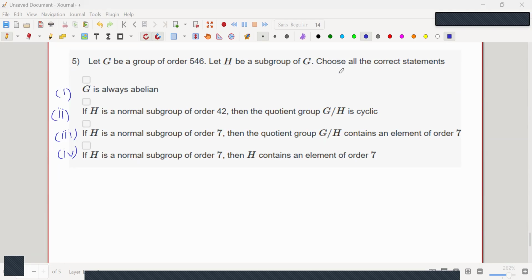No, just when the order is 6. For example, your D8, the dihedral group of 8 elements, cannot be isomorphic to a permutation group because a permutation group always has order n factorial, right? But can you write 8 as a factorial of some number? No, sir.